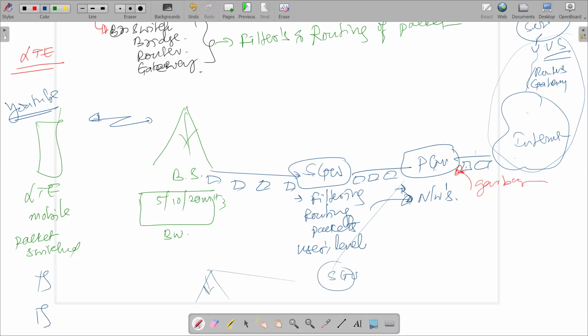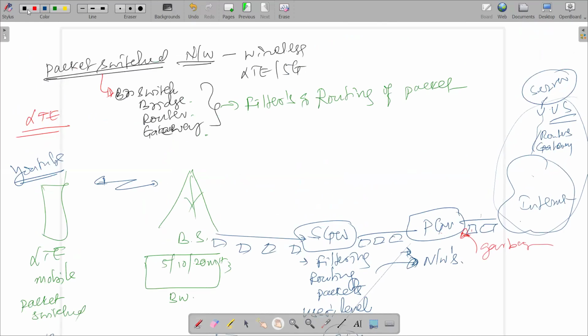So here also the same thing: no bandwidth is reserved, and LTE never says that the network is busy. No network busy, but the drawback is that it is not useful for voice.